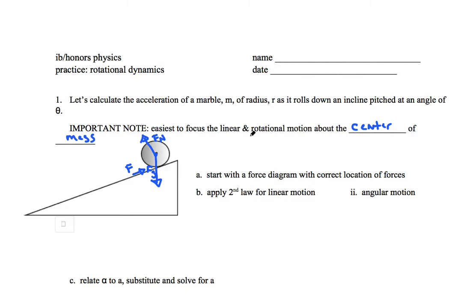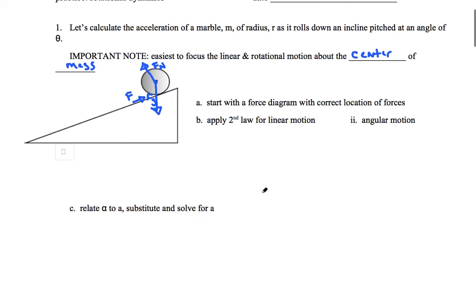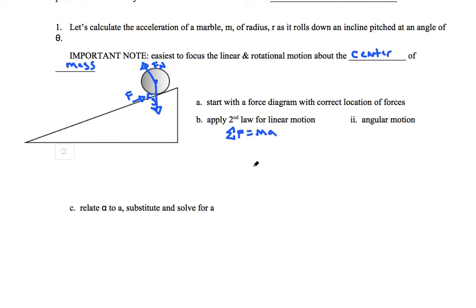So if we apply the second law, if we sum our forces and set that equal to ma, I have two forces. And this is the same thing that we did when we talked about inclined planes. We have the weight parallel, and then we have the weight perpendicular. Both of these forces are not what's actually causing it to accelerate down.